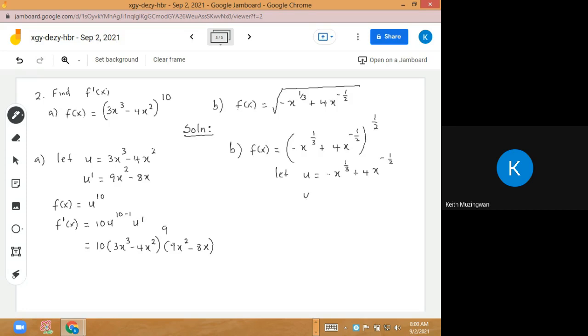And then differentiate u, we'll get negative 1 over 3 x to the power 1 over 3 minus 1 plus 4 times negative half x to the power negative half minus 1.